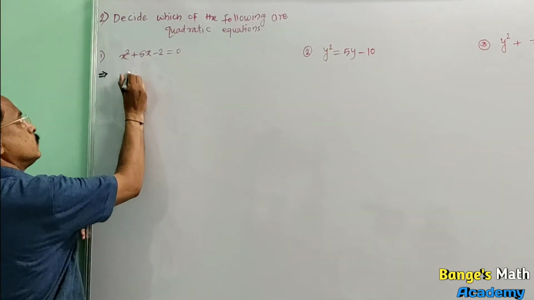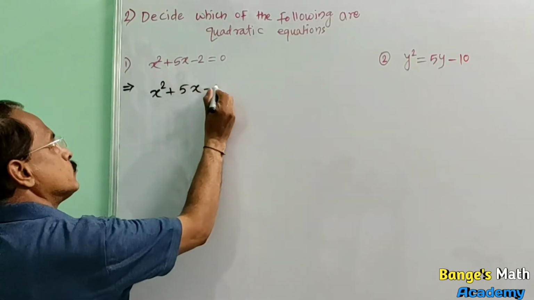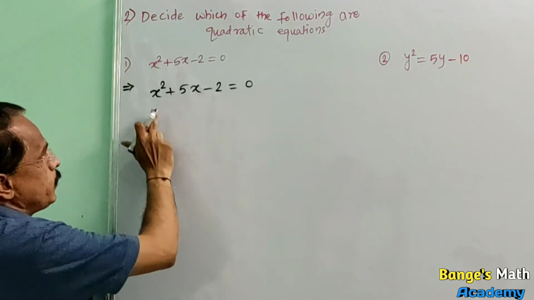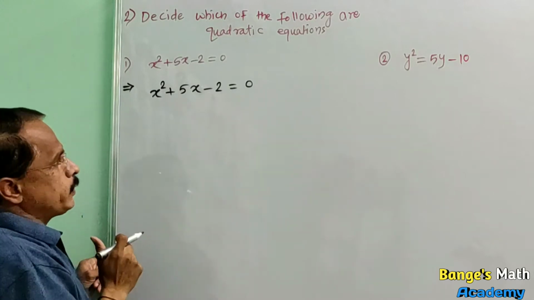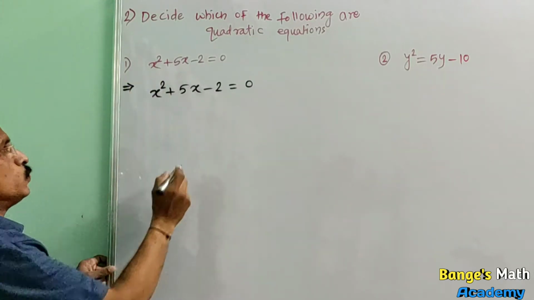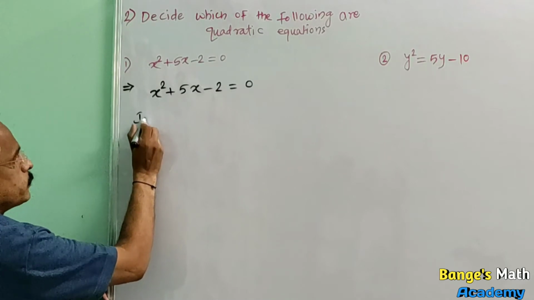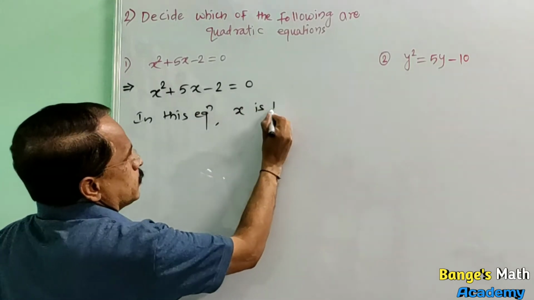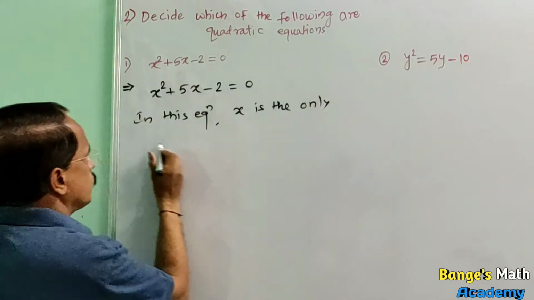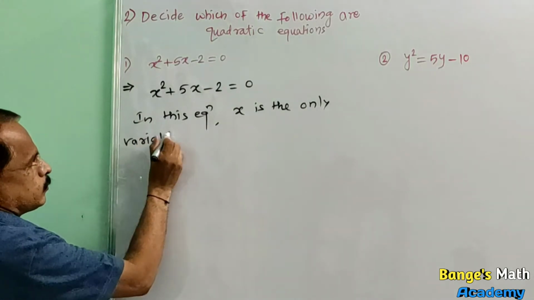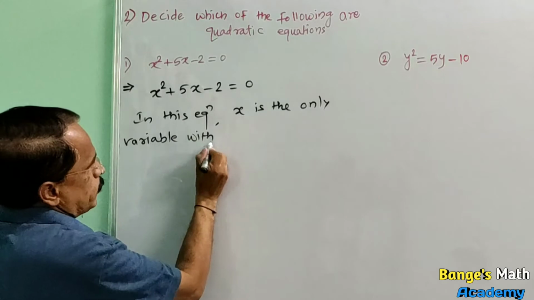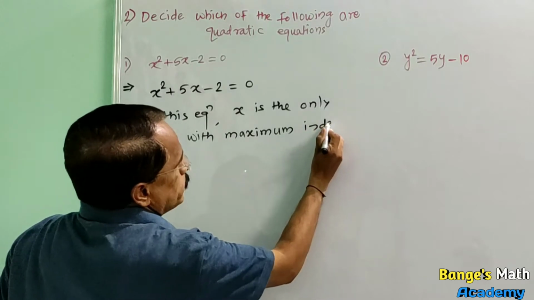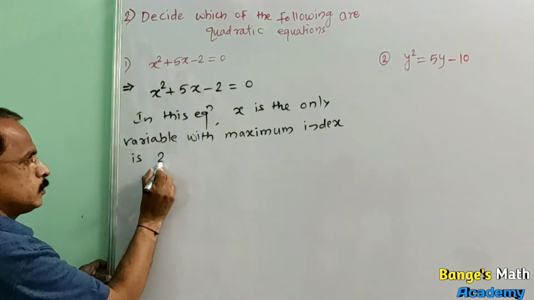See, in this equation x is the only variable, with maximum index 2.